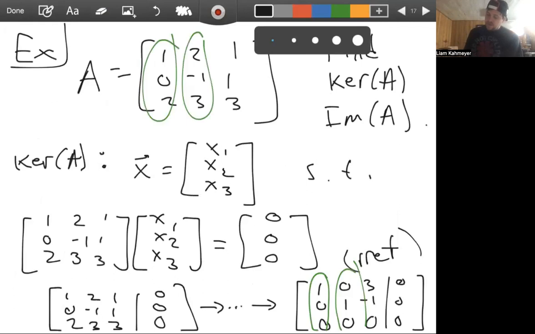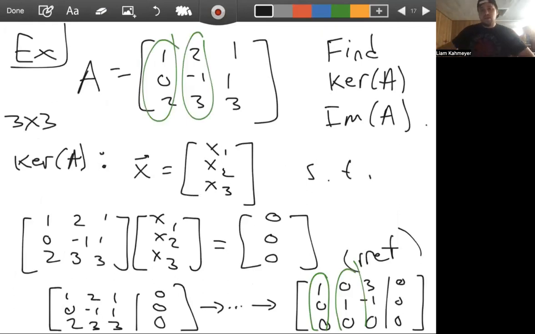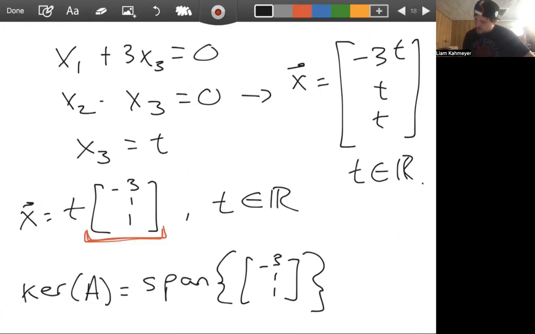We are looking at a 3 by 3 matrix. So we would hope that the nullity plus the rank is 3. Well, what's the nullity here? Well, what's the dimension of the kernel? The dimension of the kernel of this particular matrix is 1 because it has one basis vector, right?